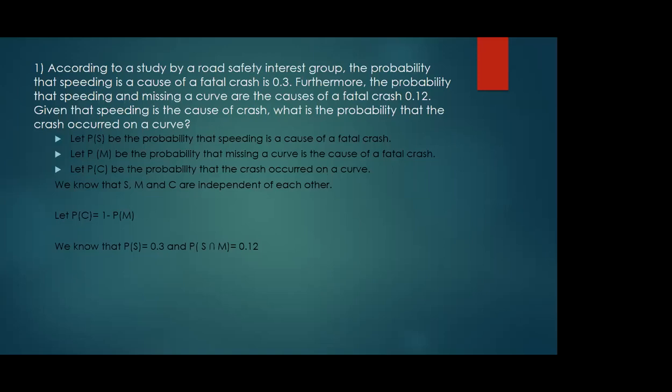And because they said and, we know that we're dealing with an intersection, the probability of S and M. So now we need to find C. Because remember that the question we're given is that, given that speeding is the cause of a crash, what is the probability that a crash occurred on a curve? So in order to find the probability of C, we need to solve for the probability of M.